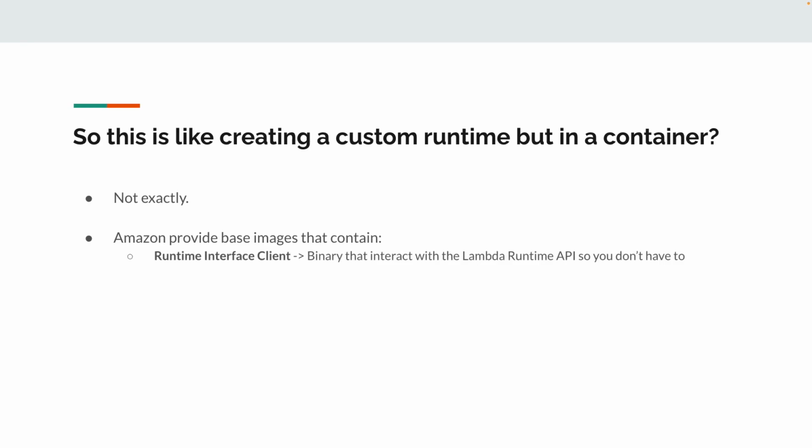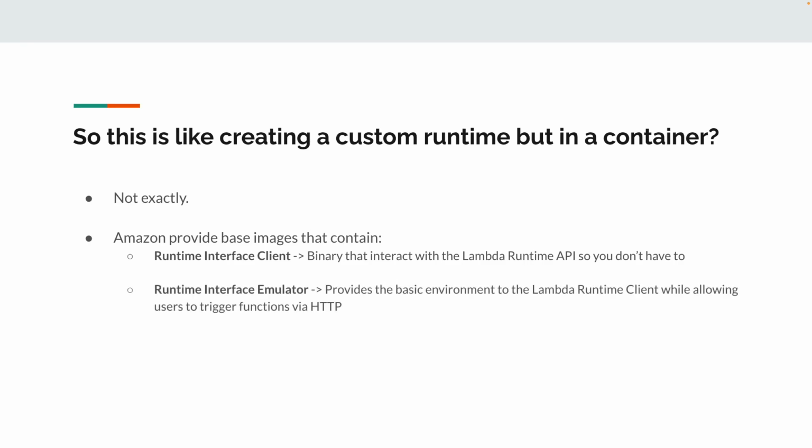So Amazon will provide base images that contain the runtime interface client, and client is the key word I need you to remember. That's a binary that interacts with the runtime API, so you don't have to. Really important. Whenever you are dealing with containers, someone has integrated with the runtime API, and if the Lambda service evolves, you just need to download the latest version. That's one less word for you to worry about.